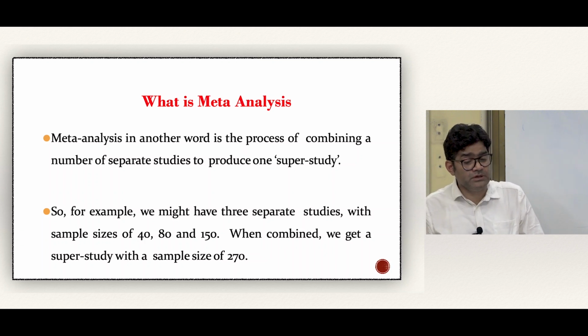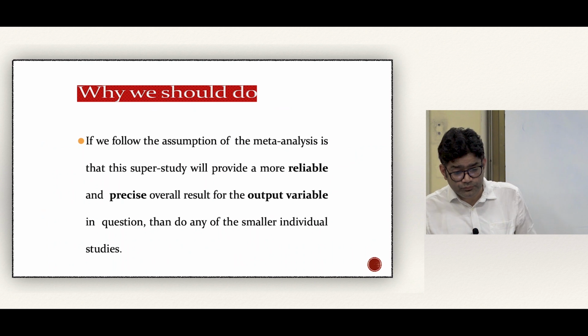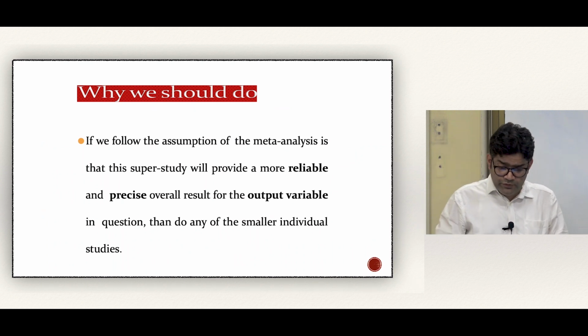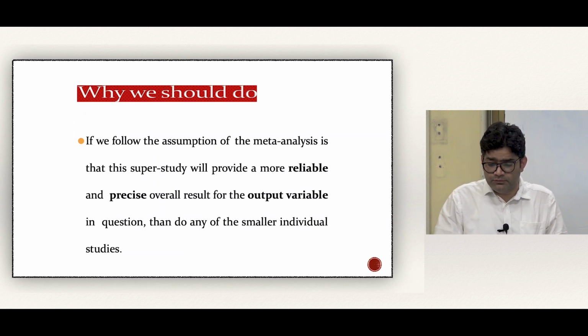Of course, it depends on certain things which have to be taken care of before performing a meta-analysis. Why should we do it? If we follow the assumptions of meta-analysis, this super study will provide a more reliable and precise overall result for the output variable in question than any smaller individual studies.